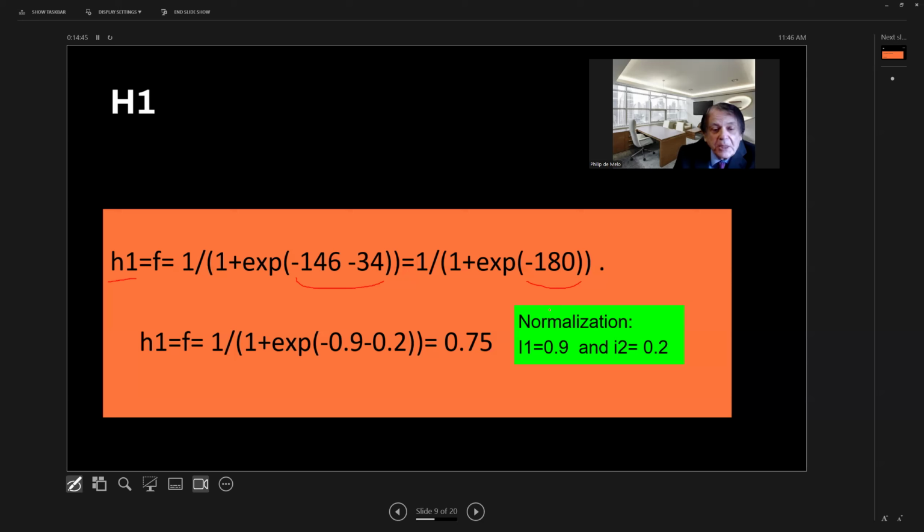When you do normalization, glucose becomes 0.9 and BMI 0.2. So instead of working with this number, which is, as I said, a challenge to calculate, you will have a very simple value. It becomes 0.75. So I urge you to do normalization, and then you will have reasonable numbers for analysis.